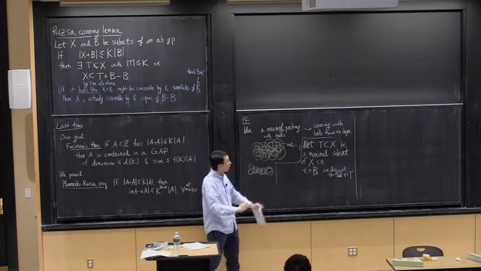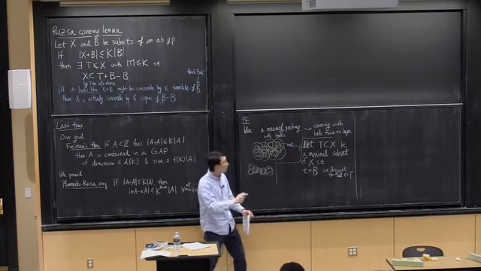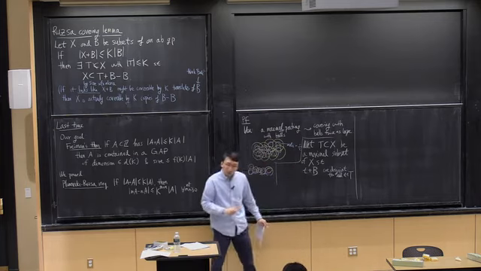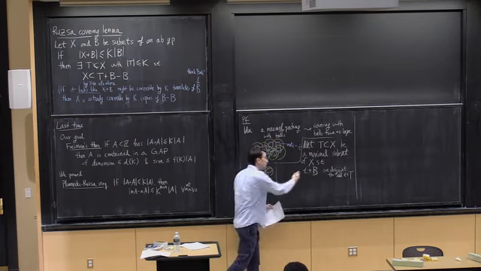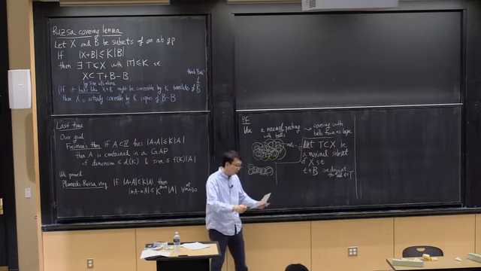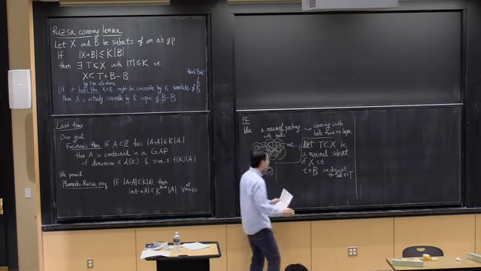I pick a subset of X so that if I center balls around these t's, then these translates of B are disjoint. Then you put in a maximal such set.